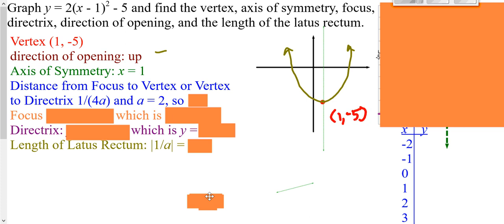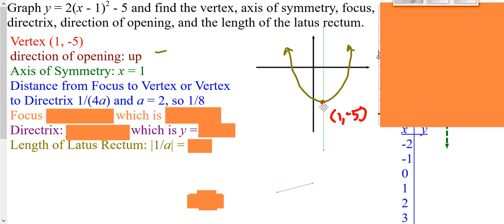To find your focus and your directrix, remember your focus is always in the direction of the opening. We're opening up, so you have to go 1/(4a) units up. We know a is 2, so if we plug in 2 here, because a is what's in front of your squared, 1 over 4 times 2, it would be 1/8.